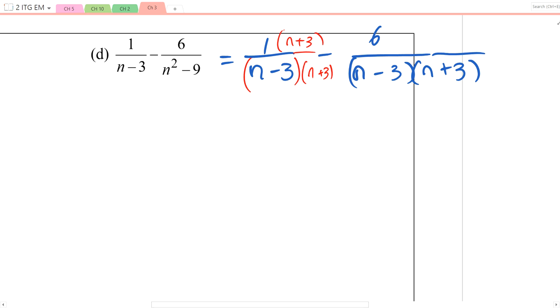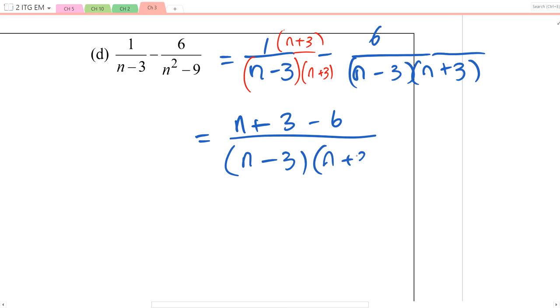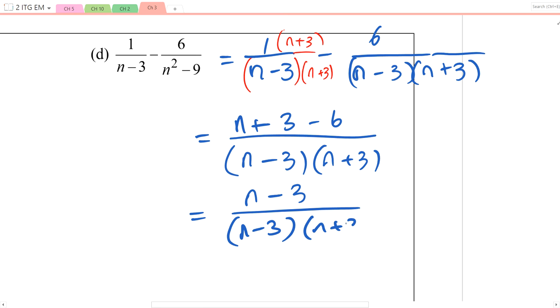To arrive at n plus 3 minus 6 over n minus 3, n plus 3. Final answer n minus 3 over n minus 3, n plus 3. Final answer 1 over n plus 3.